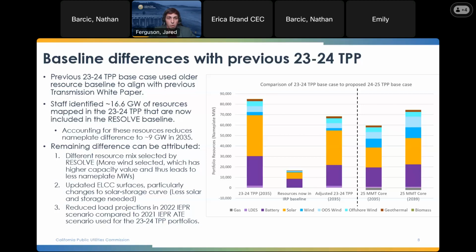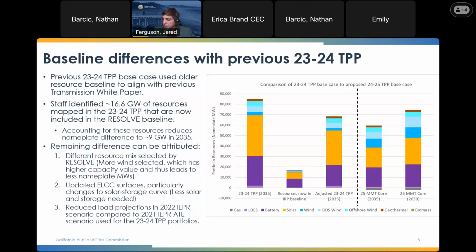So they don't show up in the resource columns of this portfolio. And you can see here on the right that amount in the second from the left column. So if you adjust the old TPP portfolio down, you can see a more apples to apples comparison with this proposed portfolio.